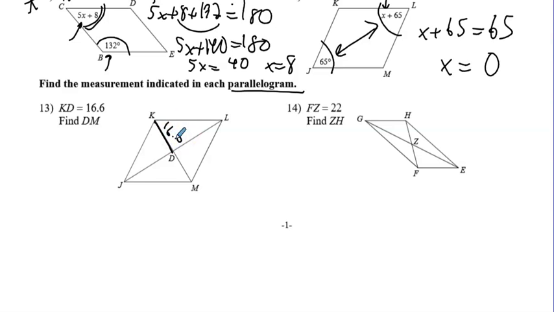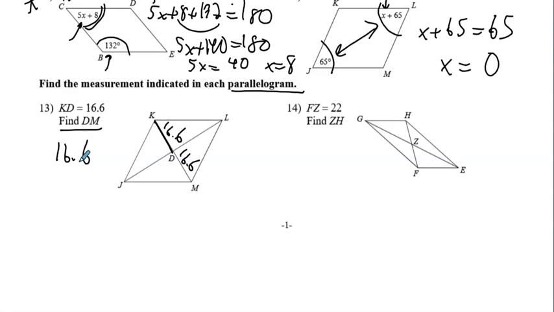They bisect each other. They cut each other in half, which makes this 16.6. I label it before I even see what it's asking me for. Now, what's it asking me for? DM. Oh, just 16.6. But that way, if it had asked me for KM, I wouldn't have been thrown off and jump into saying 16.6. I would add them together.